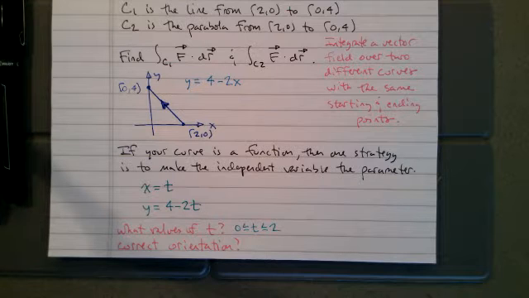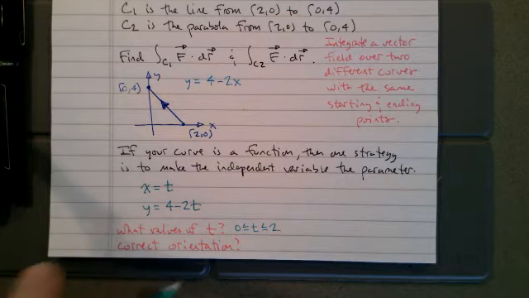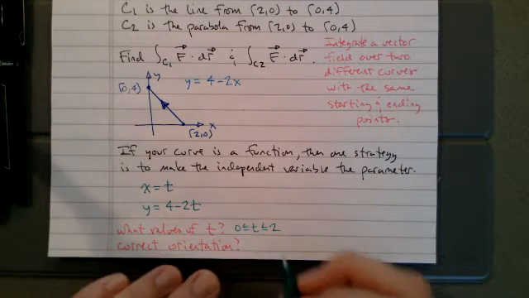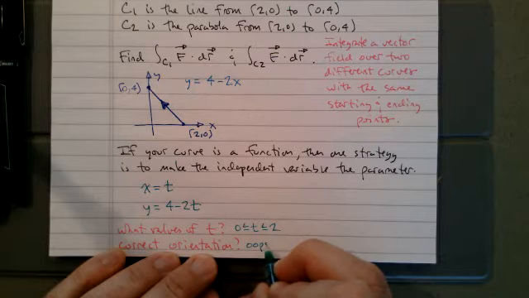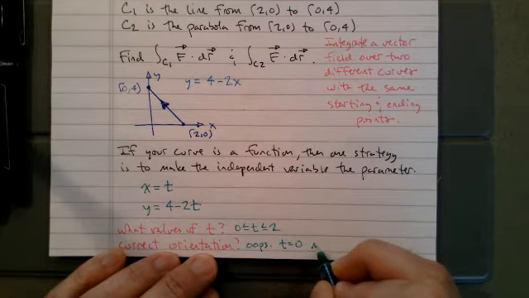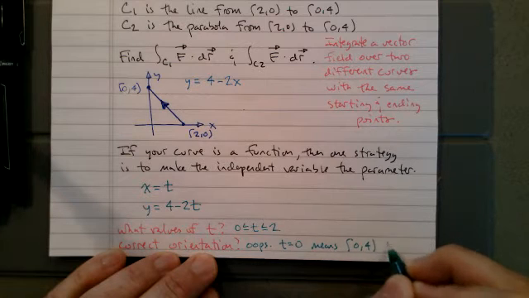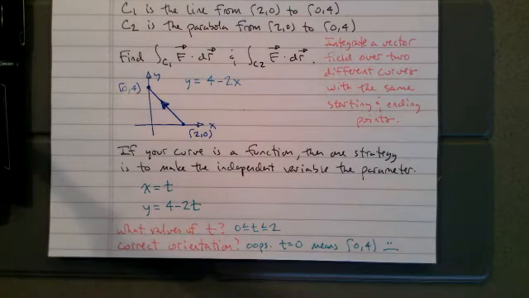If I plug in t equals 0, that should be down here at (2, 0). But when I plug in t equals 0 in this case, I get (0, 4). So this is not going in the correct orientation.